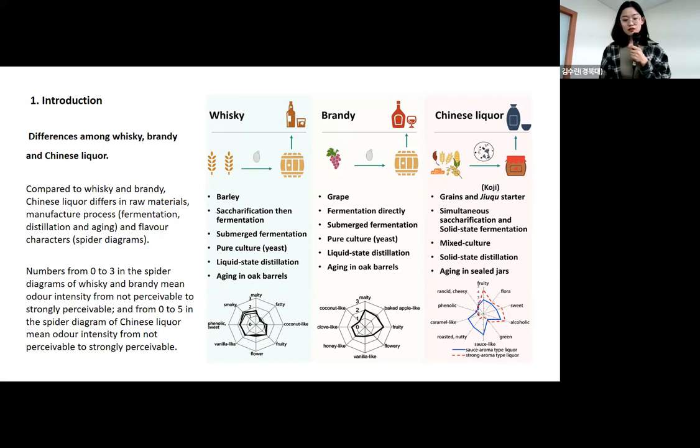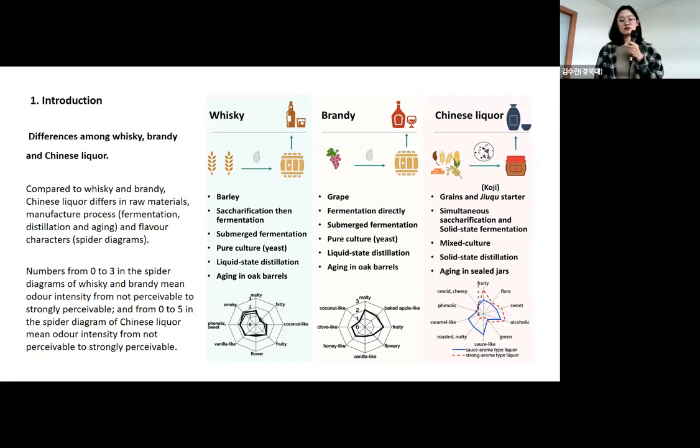And the direct fermentation with yeast culture, distillation and aging method is similar to whiskey, but the process of Chinese liqueur is very different from whiskey and brandy.